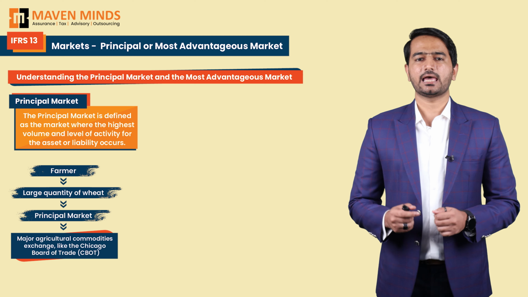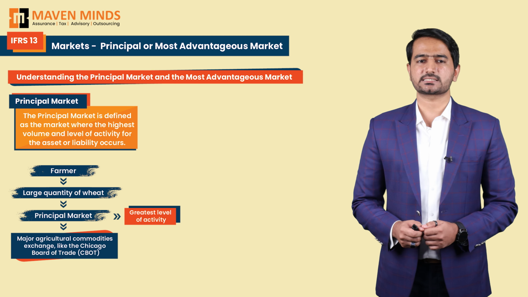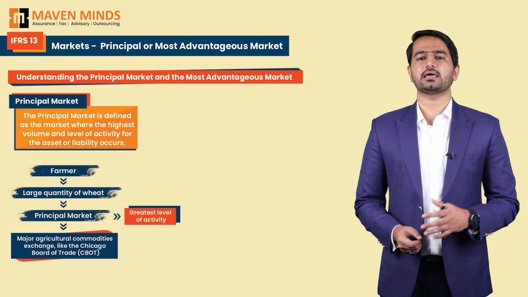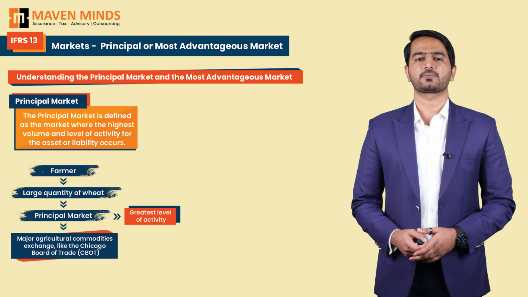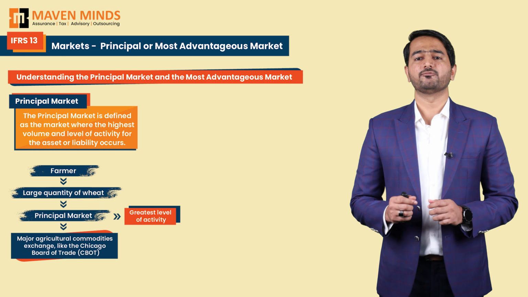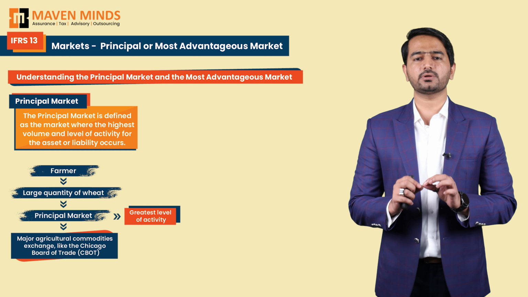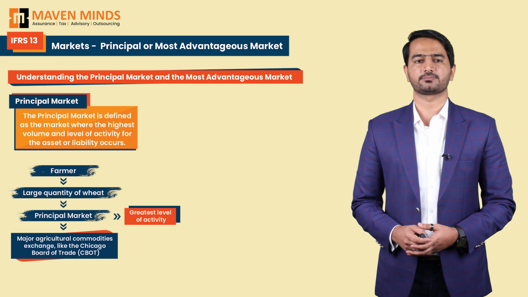This market has the greatest level of activity and provides prices that are generally accepted as reflecting the true market value of wheat. So the principal market, due to its activity level, will give you the most accurate reflection of what your asset or liability is worth.